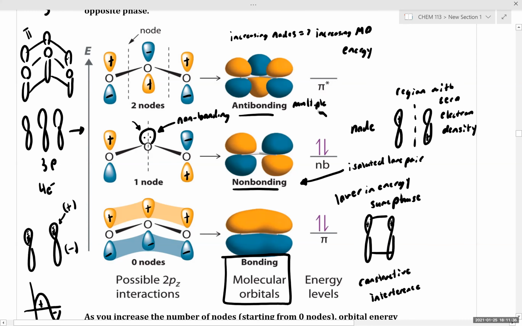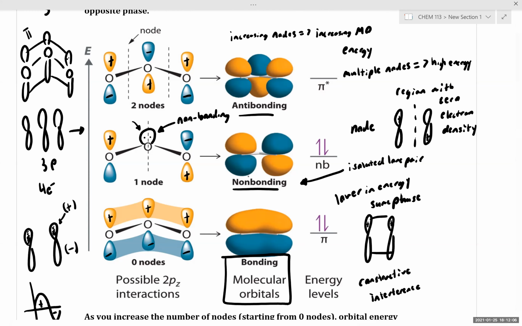And as a result, as we talked about earlier, because we have multiple nodes present, what can we say about the energy of this antibonding molecular orbital? Will it be high energy or low energy? It'll be higher. Yep, exactly. So now that we have our 3 molecular orbitals, you may not always see a non-bonding MO, but they are present.